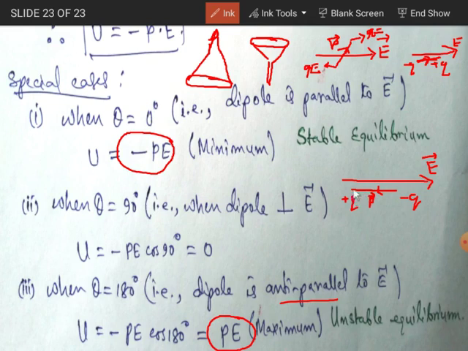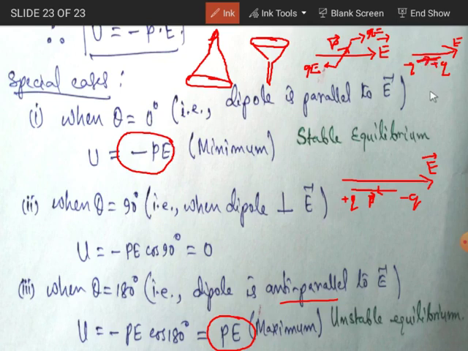If you put a small jerk onto this positive charge or negative charge, then instead of coming back to its equilibrium position like this, it will try to turn this dipole so that its dipole moment is coming in this manner, dipole moment parallel to electric field E vector. So it has a large amount of energy, so it has the ability to turn this dipole from 180 degrees to 0 degrees, I mean theta equal to 0 degrees, like that.